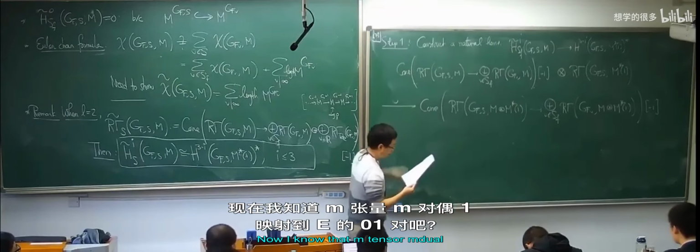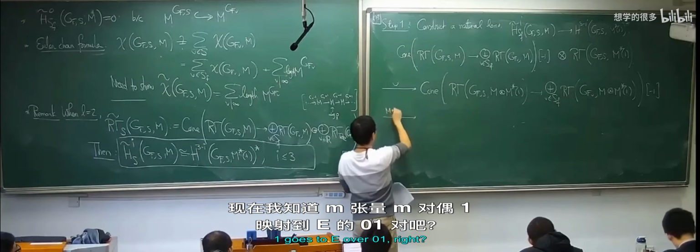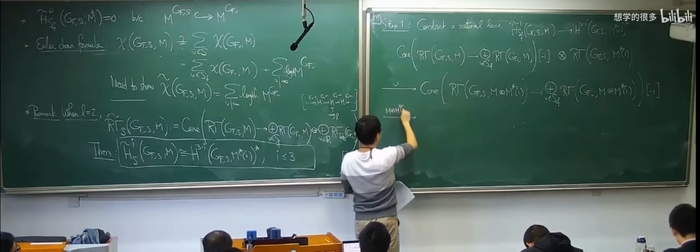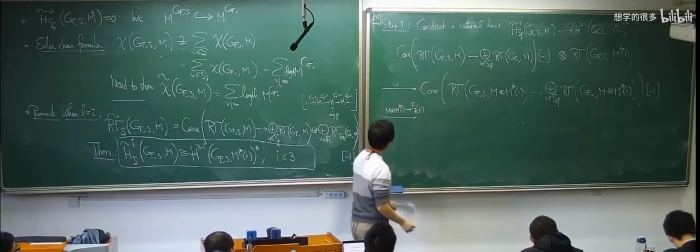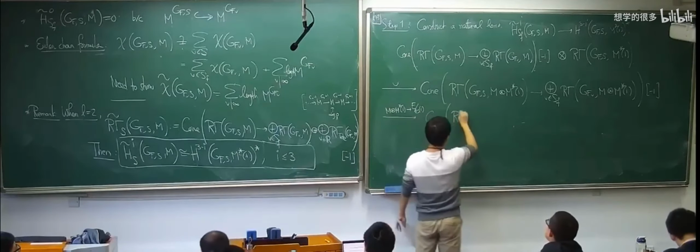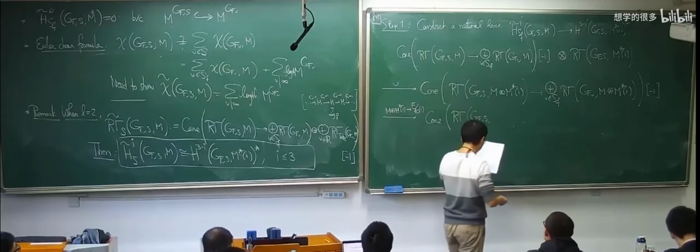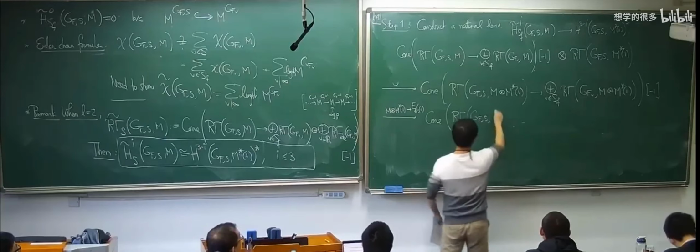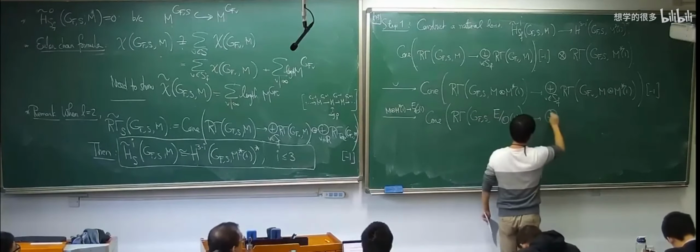Now I know that M tensor M dual 1 goes to E over O 1, right? So let's write this. I'm going to change this in a bit.